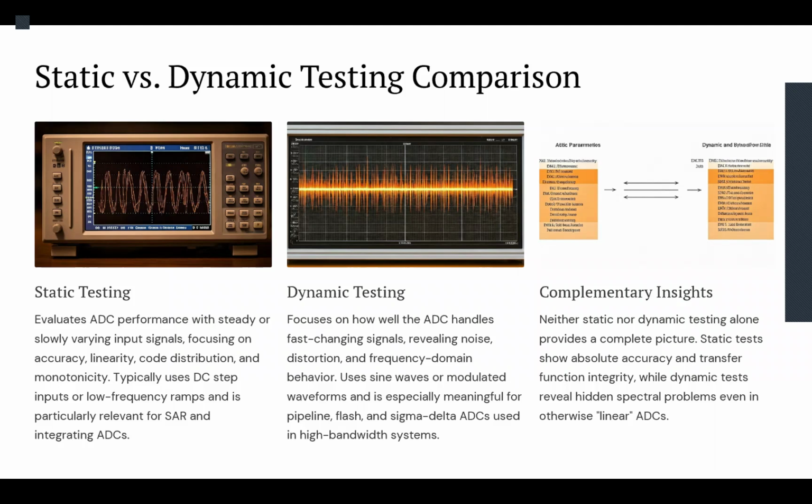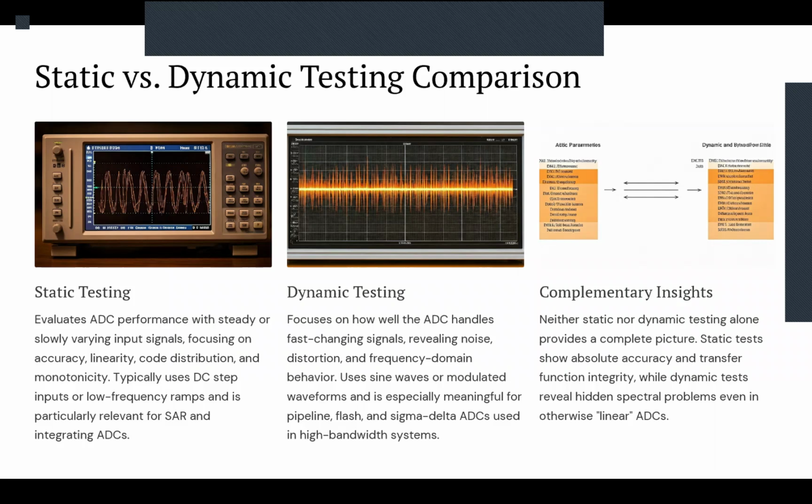The equipment setup and the signal requirements are also different, which is obvious. Static testing emphasizes DC precision, while dynamic testing requires a low jitter clock and spectrally pure sine waves. These two types also uncover different kinds of faults.